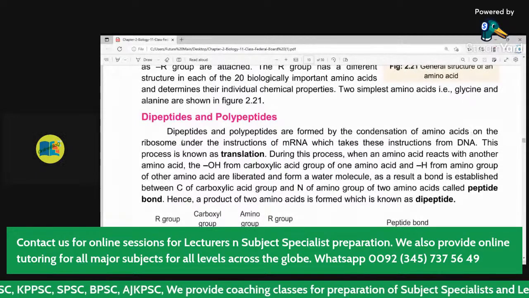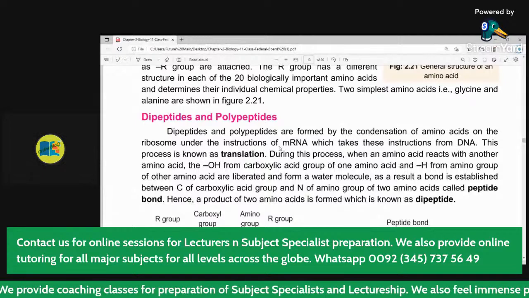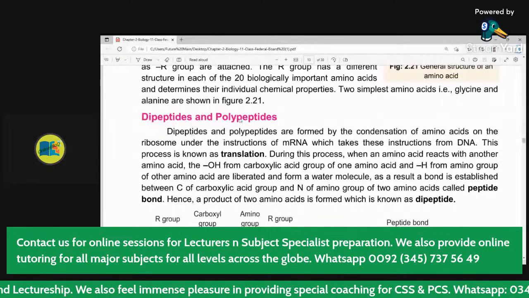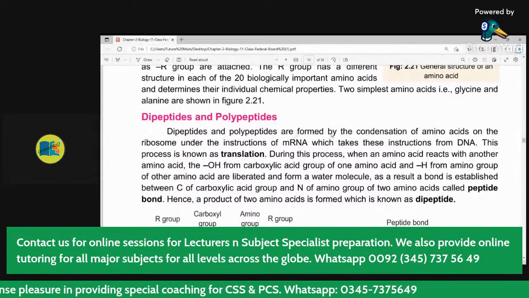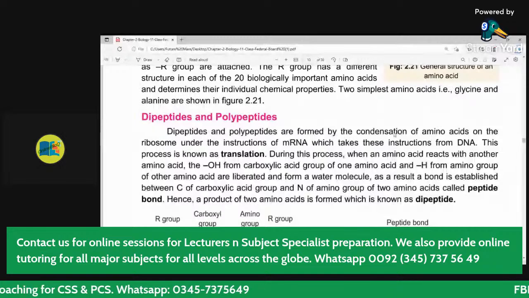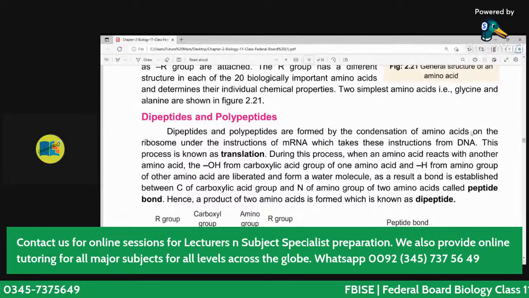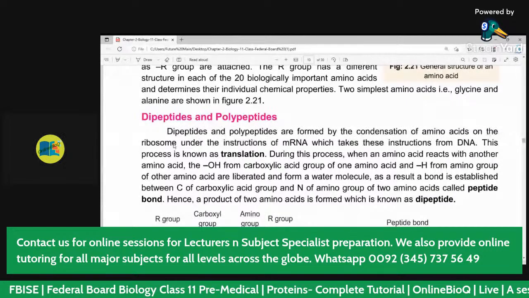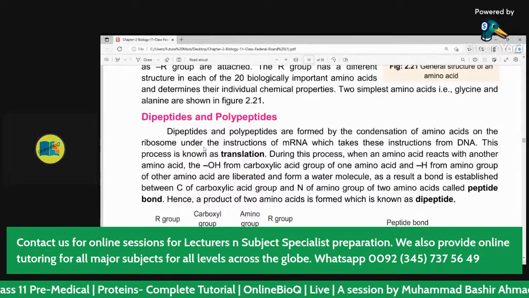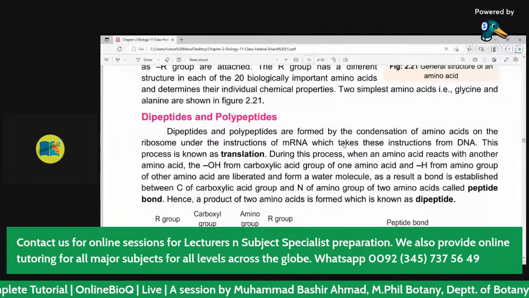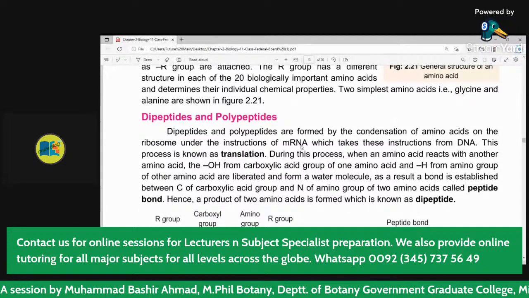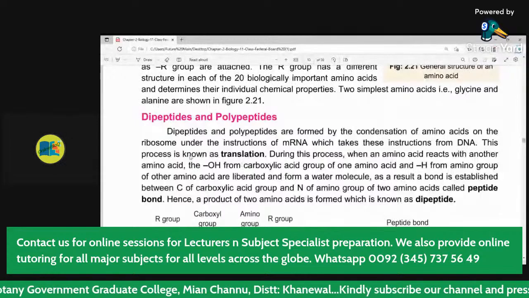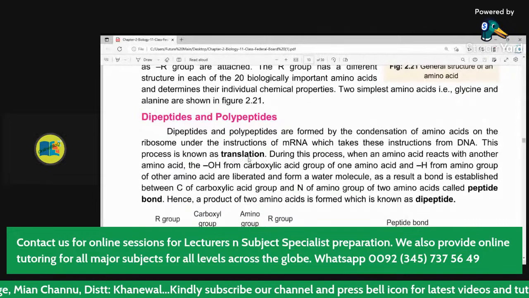This condensation takes place on the ribosomes under the instructions of messenger RNA, which is a transcript of DNA and takes these instructions from DNA in the nucleus. This process is known as translation.